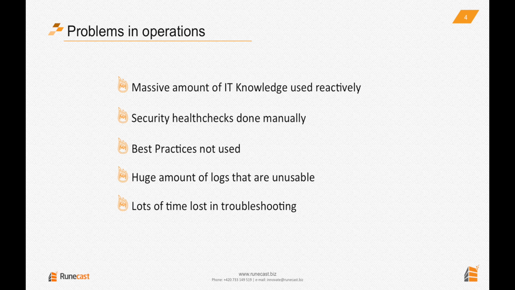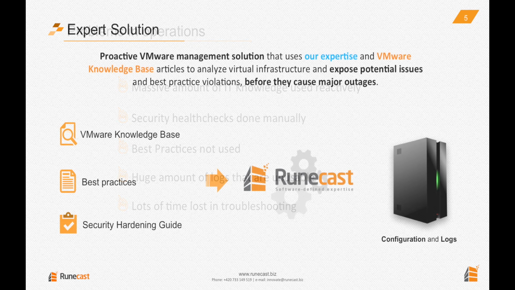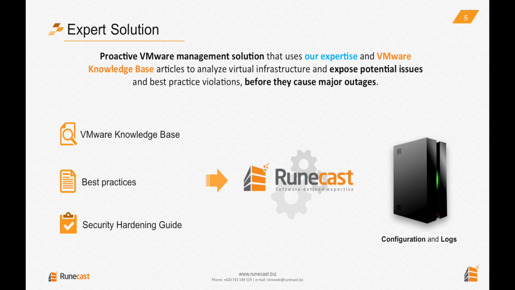And one day we decided to just go for it and develop Runecast Analyzer, which uses several sources of truth to analyze your vSphere environment and discover these potential issues. The sources of truth are mainly the VMware knowledge base, which is getting updated continuously, vSphere best practices, and also the security hardening guides.